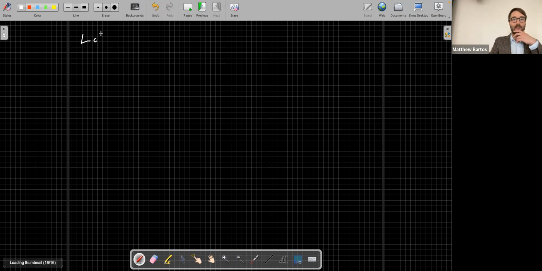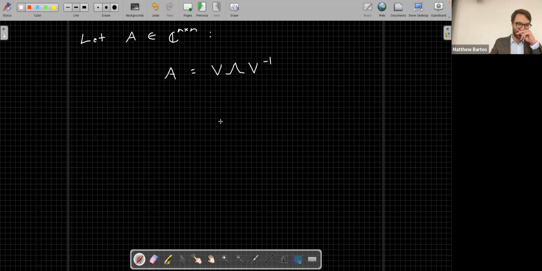Okay, let A be a matrix in C^(n by n), and it's diagonalizable so that we can write A is equal to V lambda V inverse, with lambda equal to our diagonal matrix of eigenvalues: lambda 1, lambda 2, all the way through lambda n.